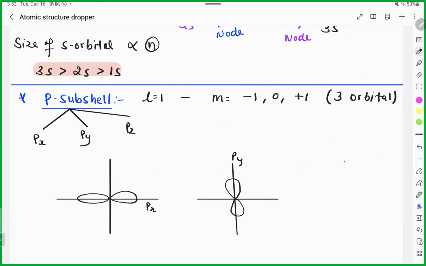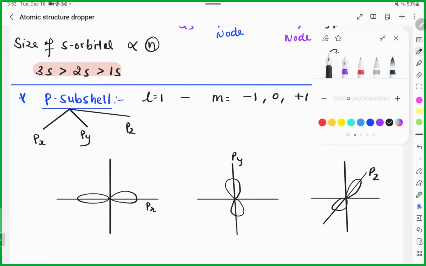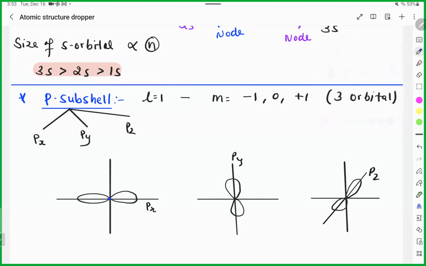This is the x-axis, and here you have the z-axis. This is pz. So these are the 3 orbitals, all looking dumbbell shaped. Can you say in this situation, wherever is the center, at that blue-colored dot, the probability of finding the electron will be 0?